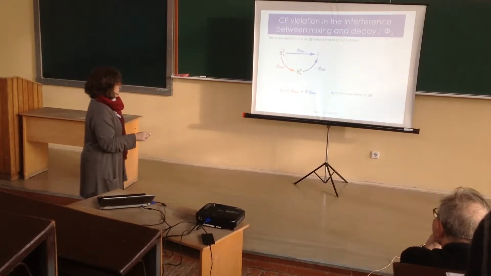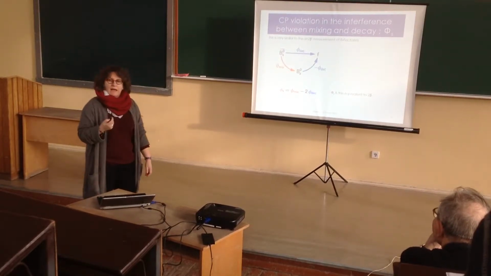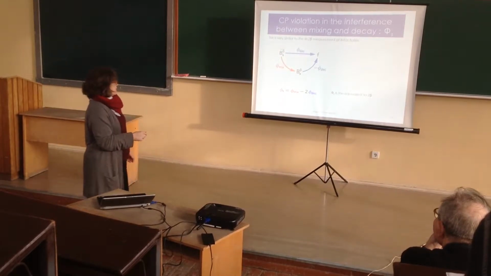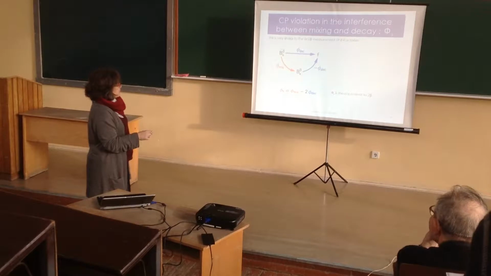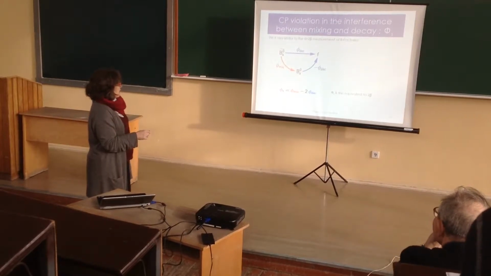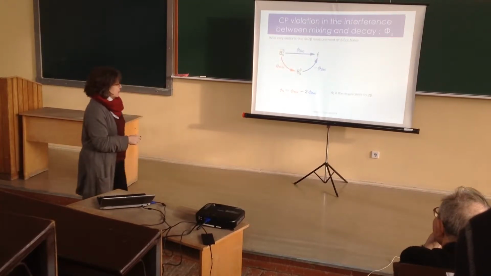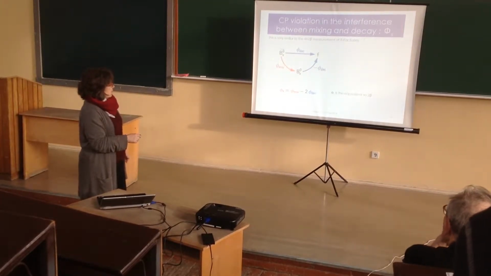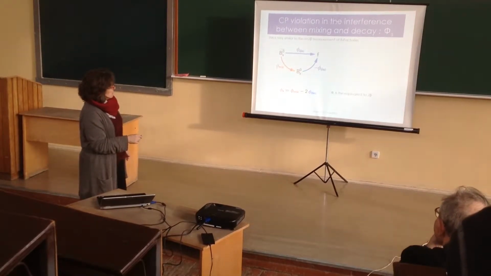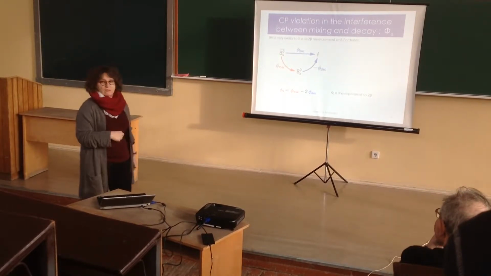This is my final state, and here I will have two paths: one direct path with a weak phase in the decay, and then the B0_s, because it's a neutral B meson, can undergo mixing, so there is a phase due to the mixing, and then it can decay, and because it's the anti-particle, it will have a minus sign here.